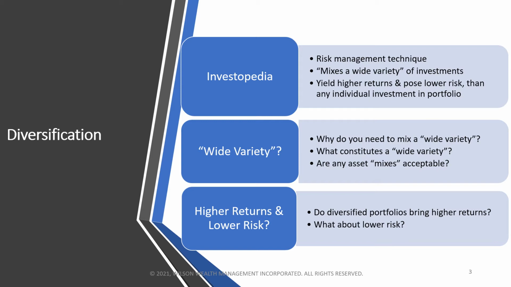And if we get into Investopedia on what they consider a wide variety, I think if you look on their website, they're probably talking 25 to 30 stocks would be sort of a typical wide variety from an equity side. Again, don't necessarily agree with what they're saying, but I do understand why they came up with that amount. And hopefully as we go through this, you'll sort of see there's a bit more nuance than the Investopedia statement.